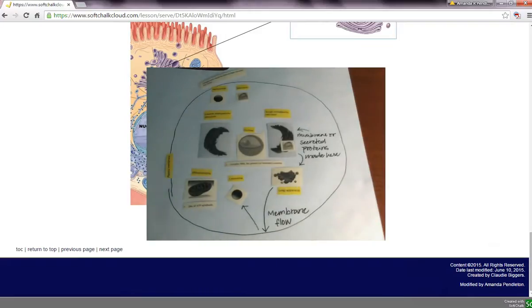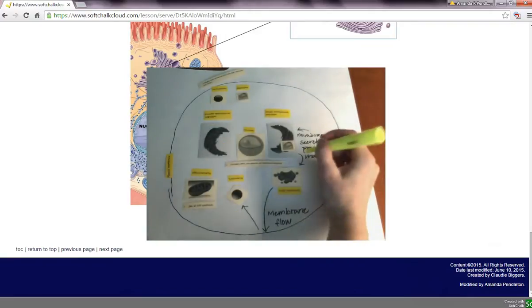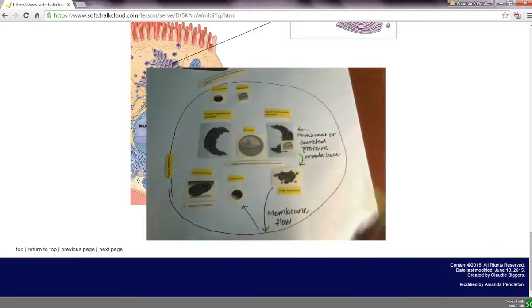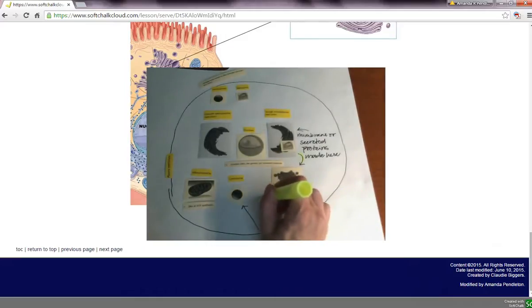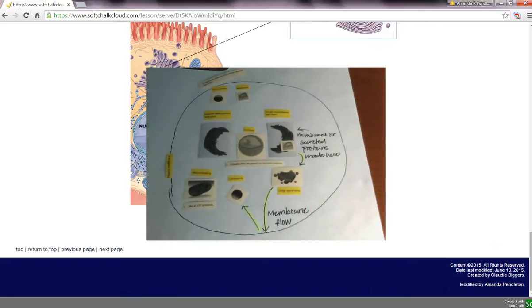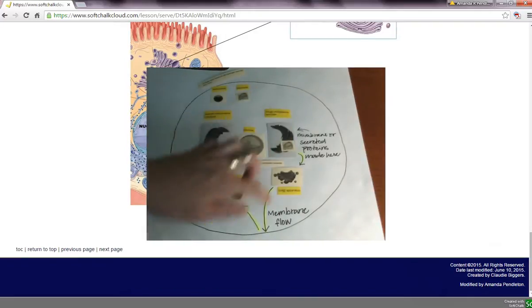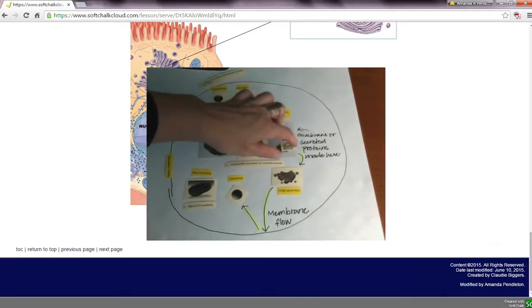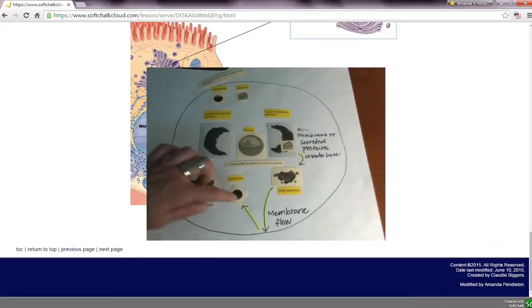And so, just to be clear on that, membrane flow. The reason why it's called membrane flow is because to deliver these proteins, you also have to deliver lipids. So lipids and proteins are flowing from one location to the other.